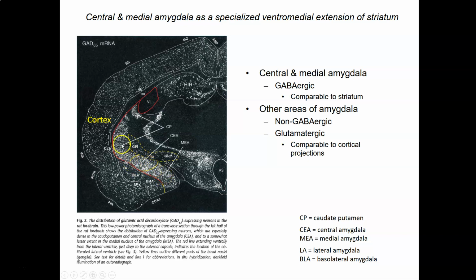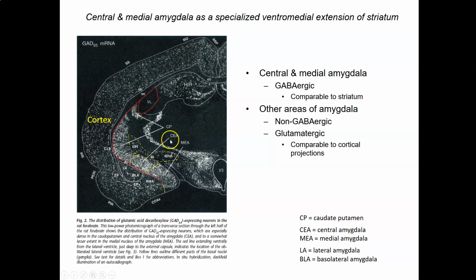So it's not all that different in terms of the neurotransmitter that it makes. We look at the lateral amygdala over here. That's the lateral, basolateral. This is, I believe, the accessory. These are all kind of an extension of the cortex, and these are primarily glutamate.